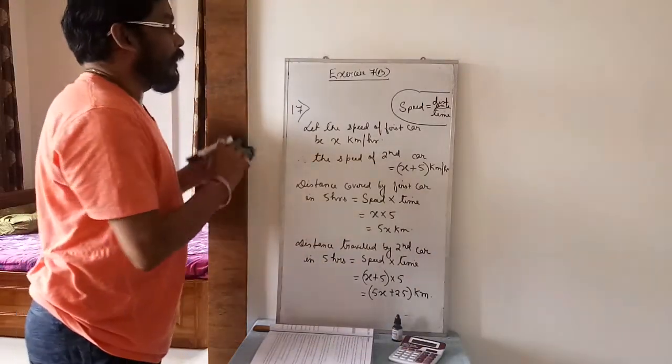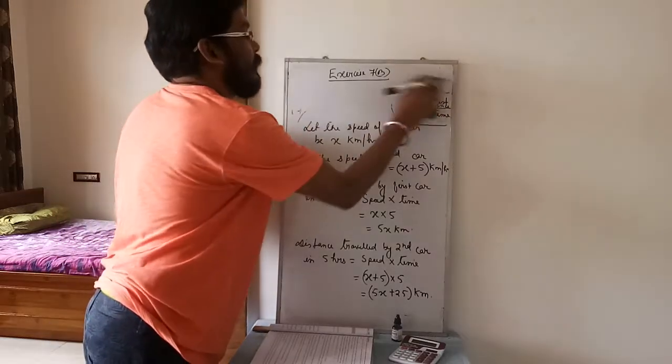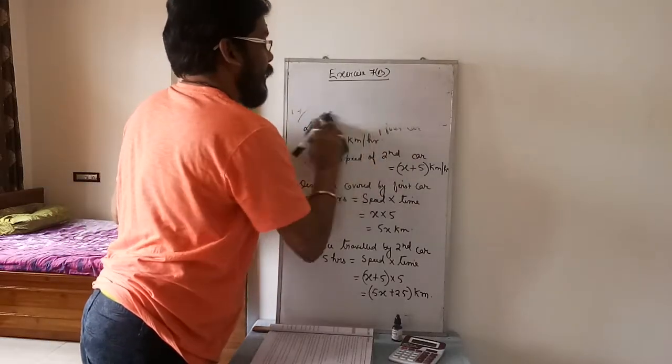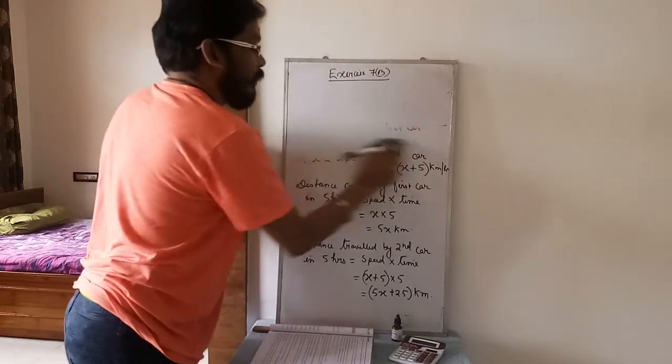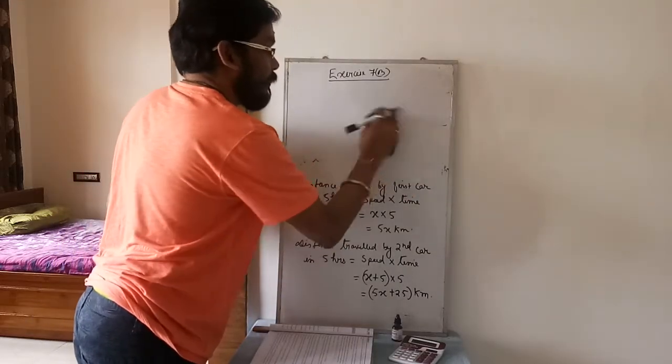Now I will form the equation. I have said in the previous classes that whenever you consider x, you have to form an equation to find the value of x.